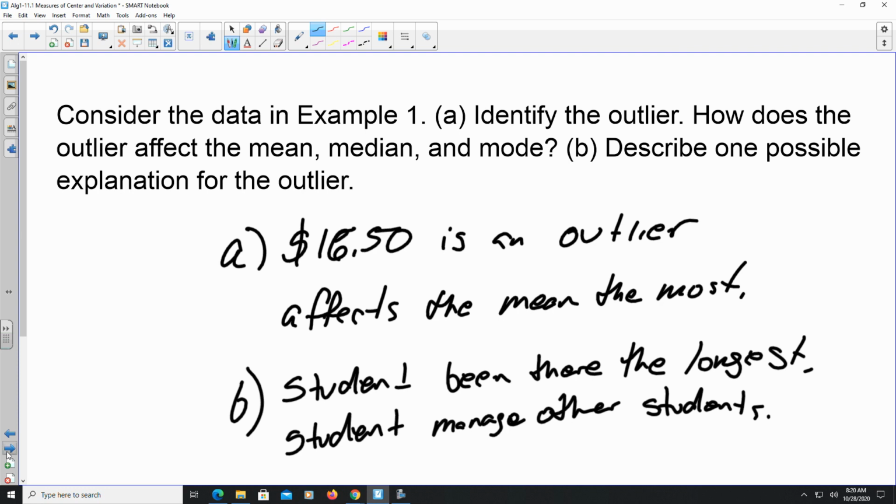There are several different possibilities that that person is making that much more money, but that is a possibility for that outlier.